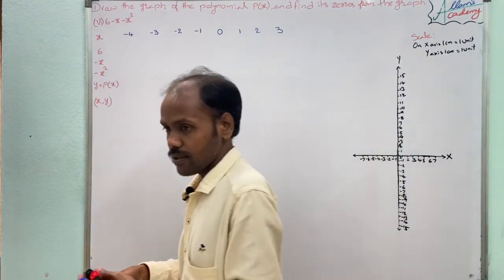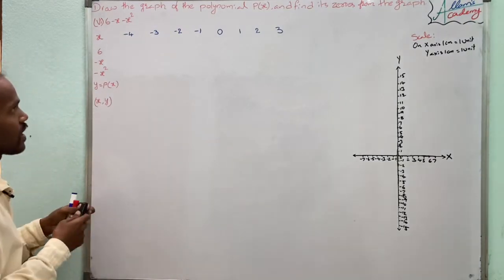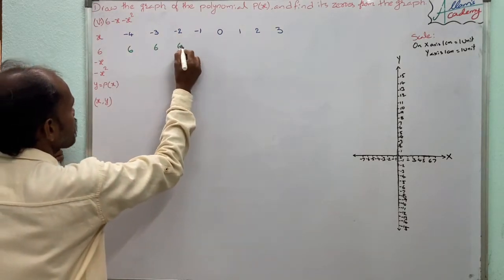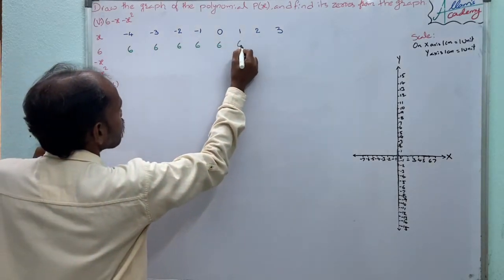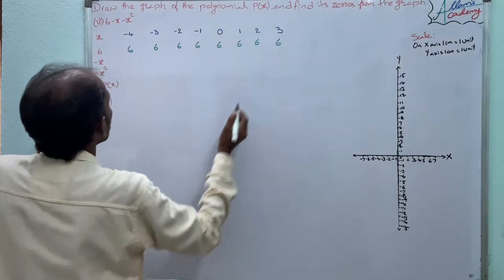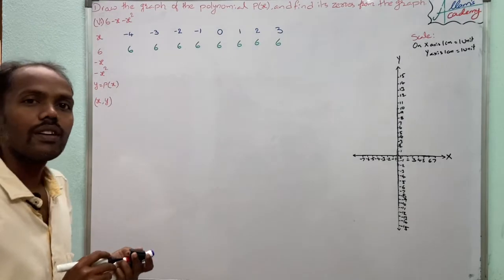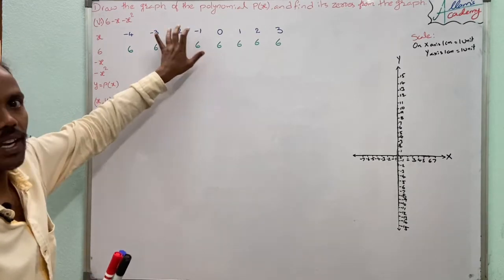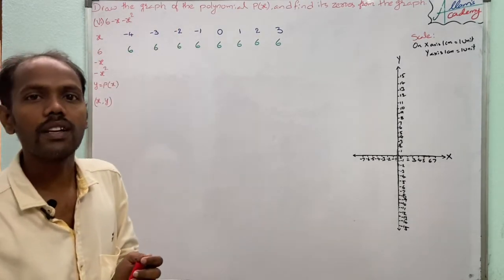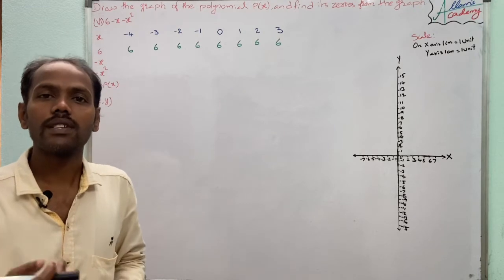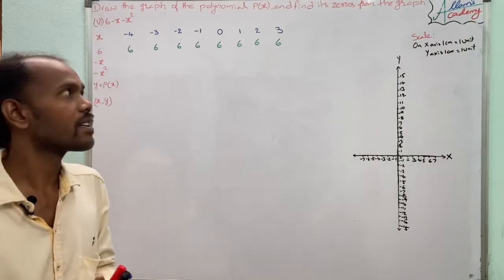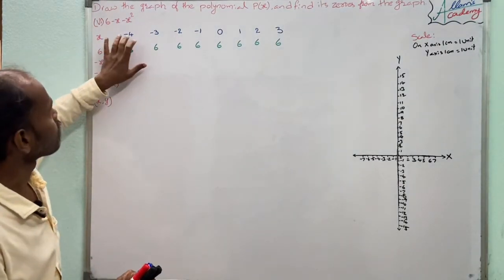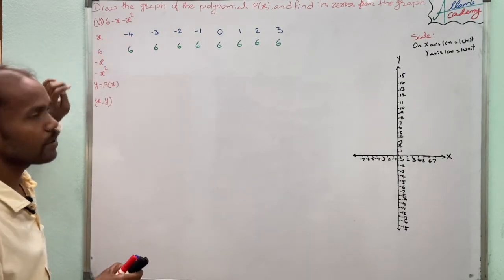So 6 is the constant number, so that is directly taken: 6 in all places. Next minus x: the x values we already taken are multiplied with the minus symbol.